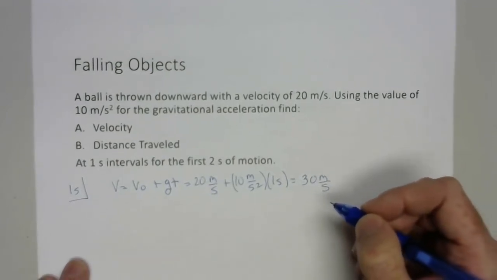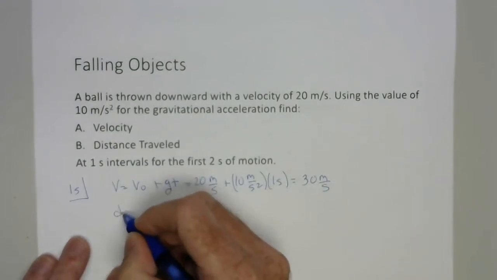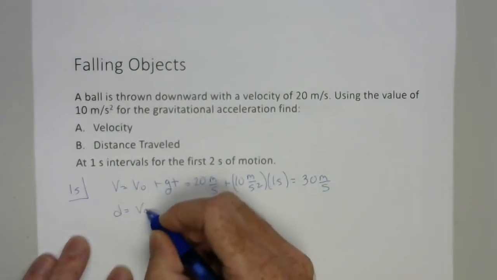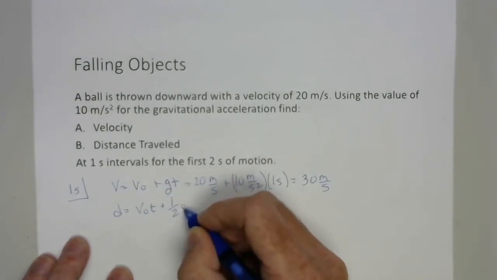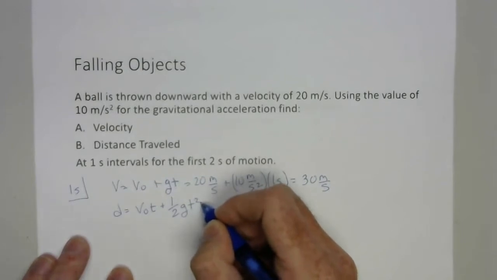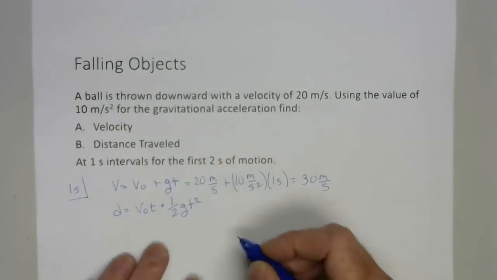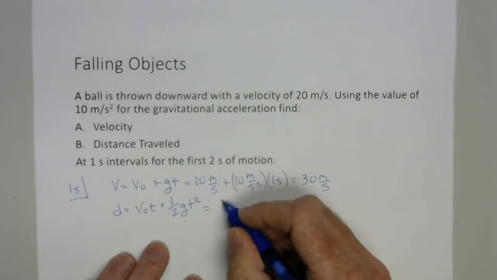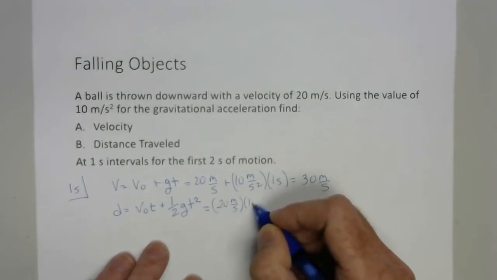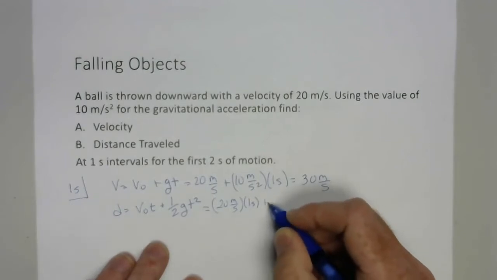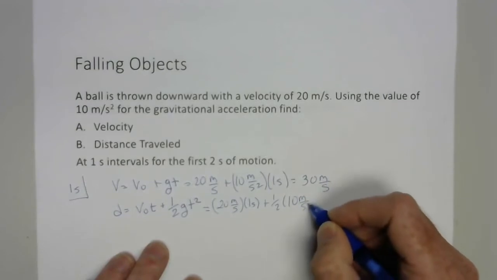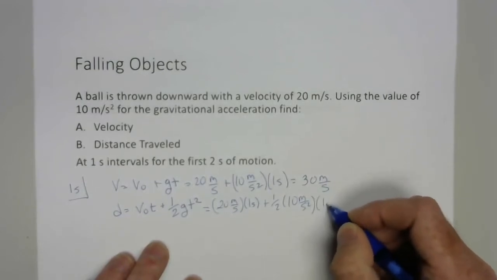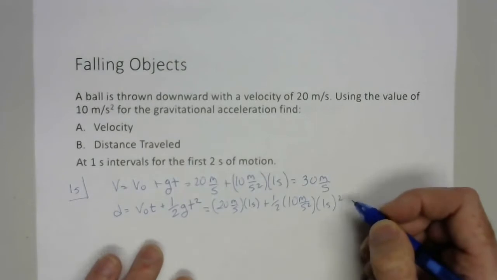Now, as far as distance traveled, distance is equal to our initial velocity times our time plus 1/2 gt squared. So we got our 20 meters per second times 1 second plus 1/2 times 10 meters per second squared times 1 second quantity squared.